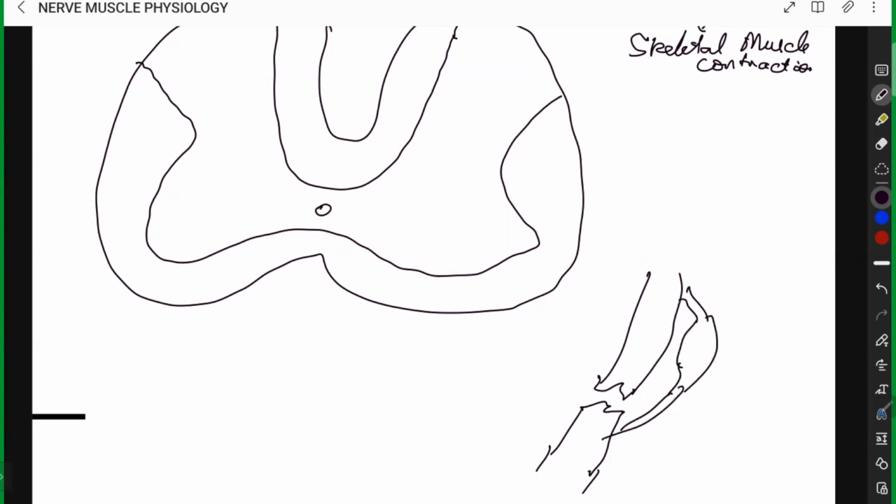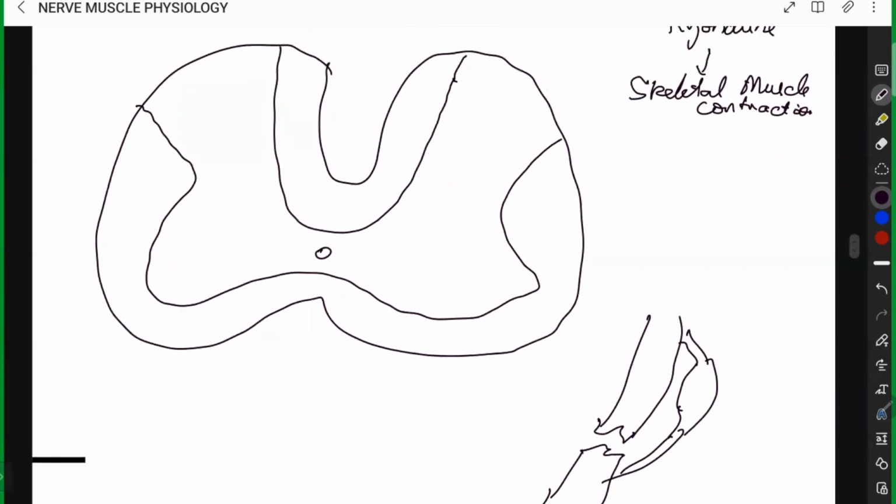Okay, now what happens? Whenever a nerve comes, acetylcholine attaches and sits in the synaptic terminal. This acetylcholine is going to carry the stimulus towards your muscle fiber. Who is going to carry the stimulus?